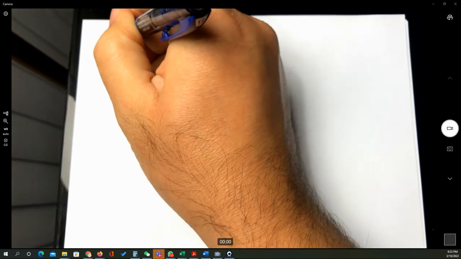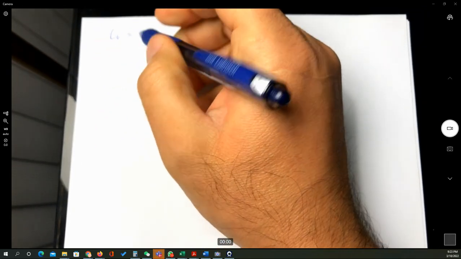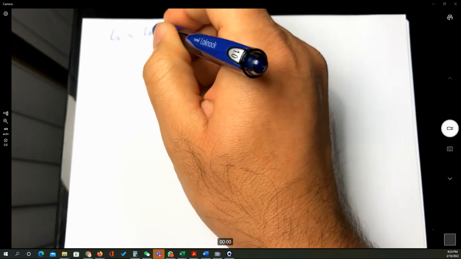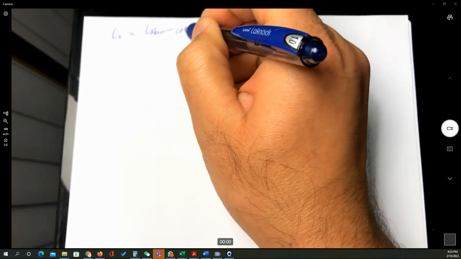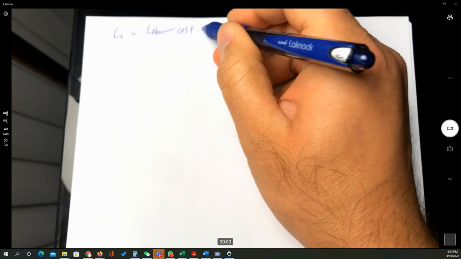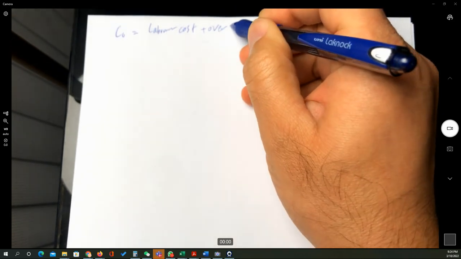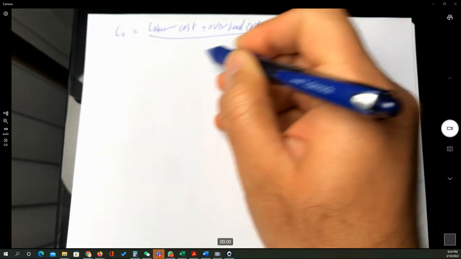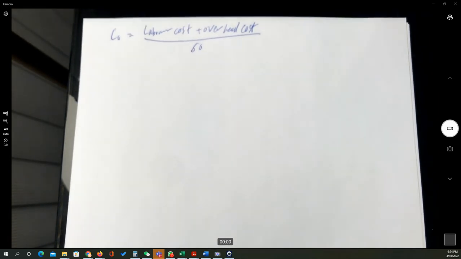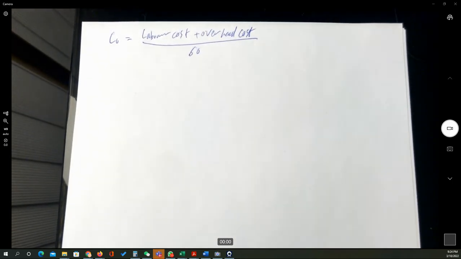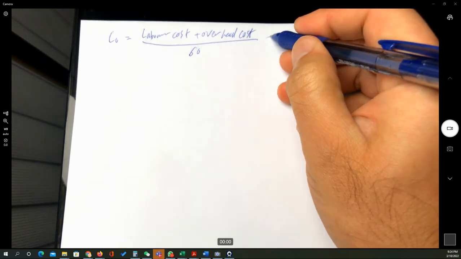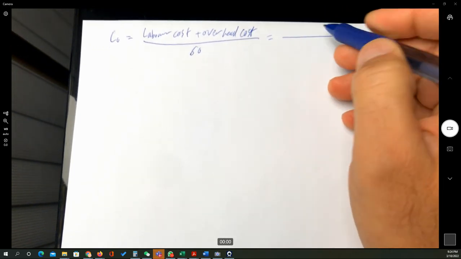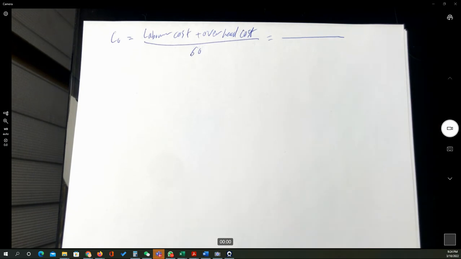So the CO is equal to the labor cost, plus the overhead cost, and divide that by 60 to find how many dollars per minute. Now, to make that very easy, you remember that in the parameters we have that the labor cost was equal to, just let me change the Excel sheet here.